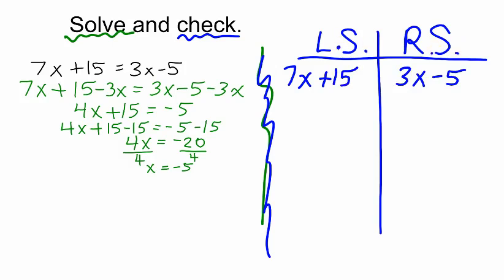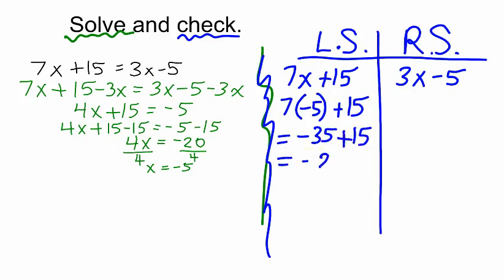Now I'm going to replace x with what I think the solution is. So I think the solution is negative 5. I think x is negative 5. Well, I'm going to replace x with negative 5 on the left side here. And I'm going to evaluate. Well, 7 times negative 5 is negative 35 plus 15, and that equals negative 20.